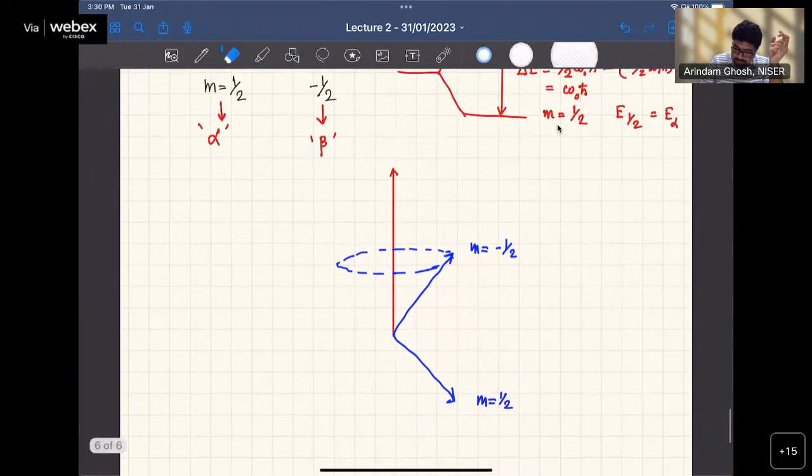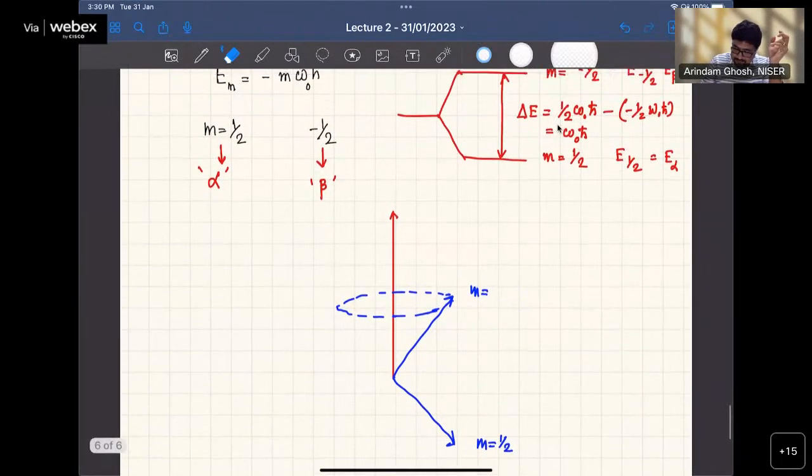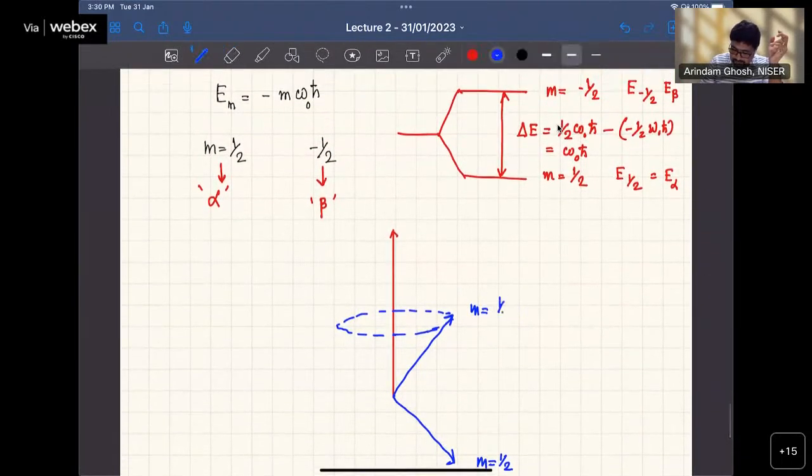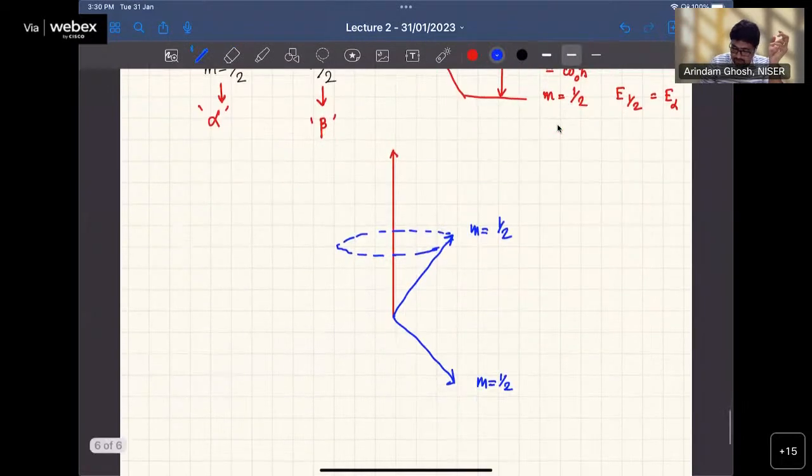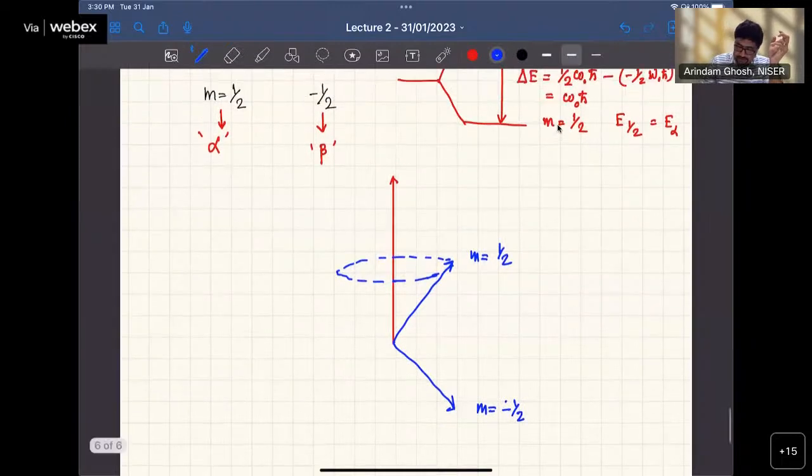So this is the other one. The aligned one is going to be the lower energy, and then this is going to be precessing in this particular fashion, making another loop.